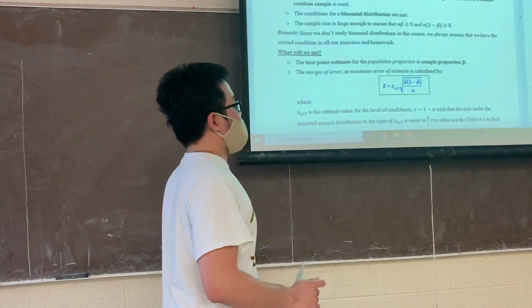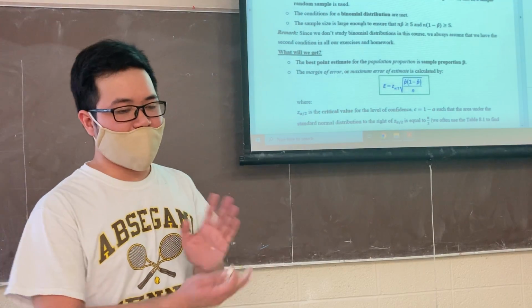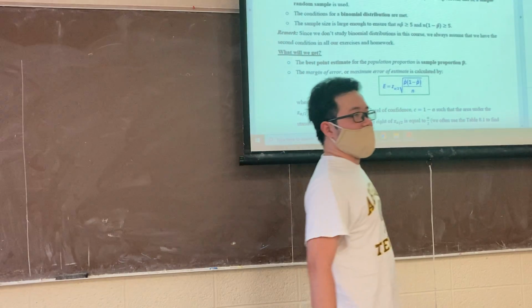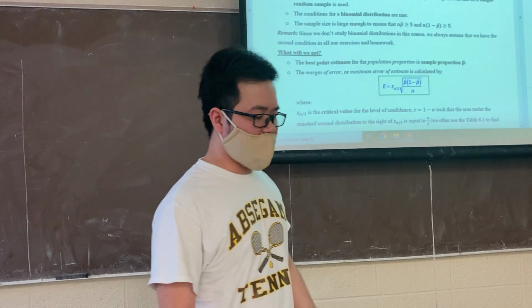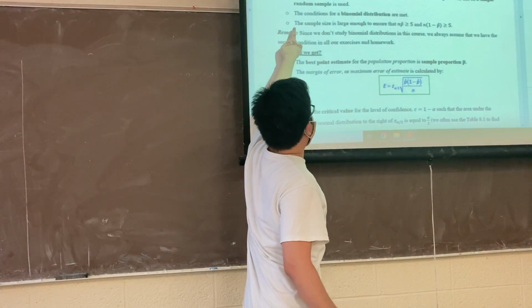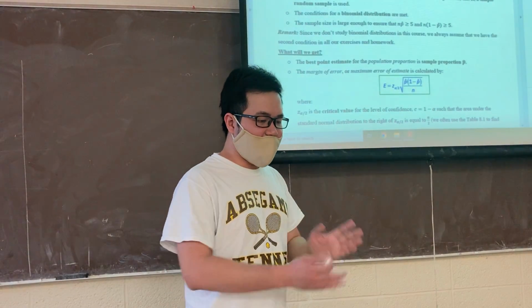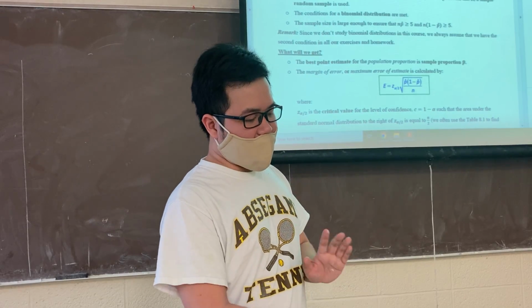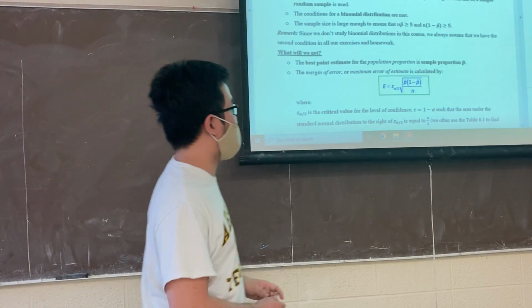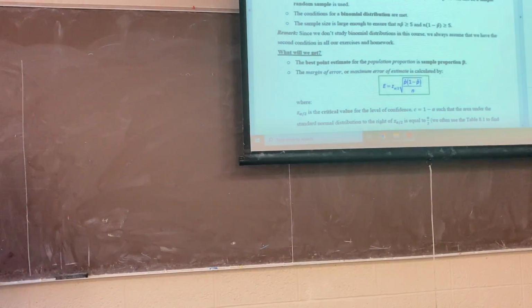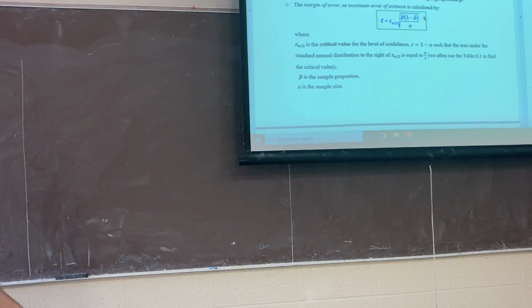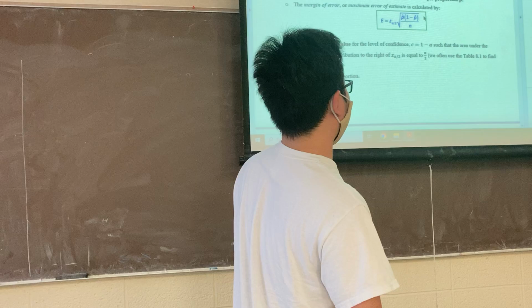And the third condition is that the sample size is large enough, and it satisfies two conditions here. In a lot of your homework, these conditions are also satisfied. If you choose a very large sample size, you can satisfy this condition more easily. Those are the three conditions when we want to apply this method to estimate the population proportion.